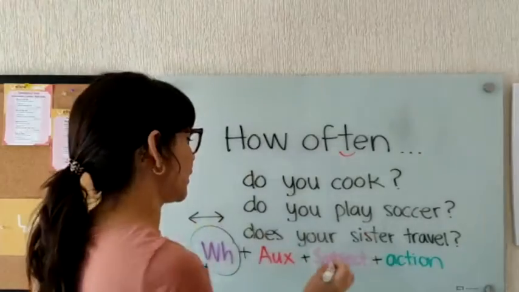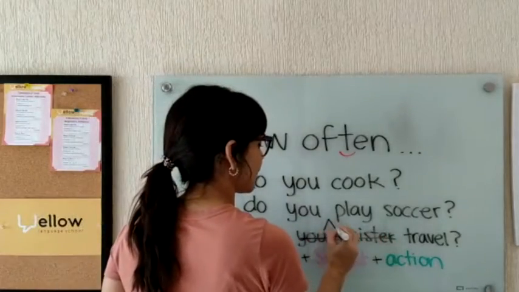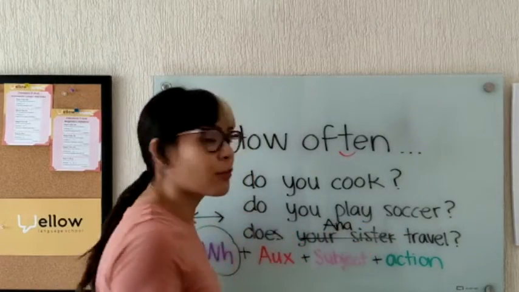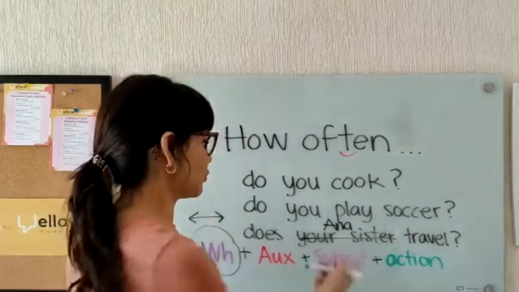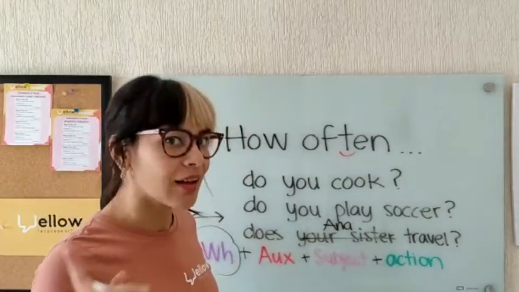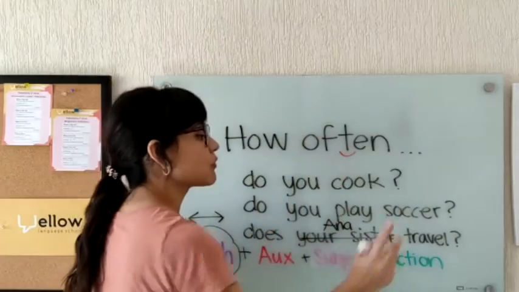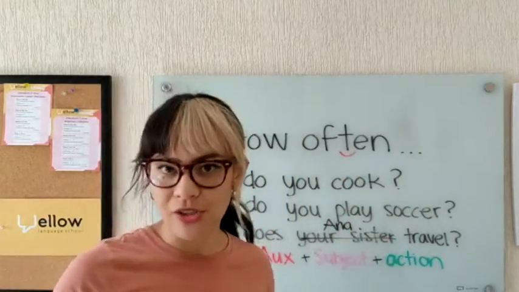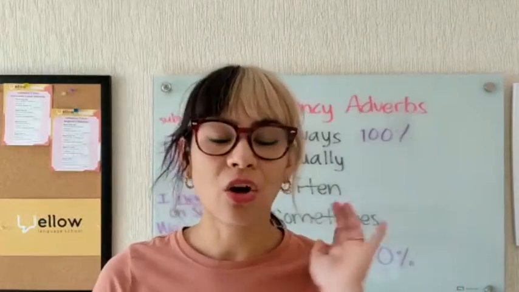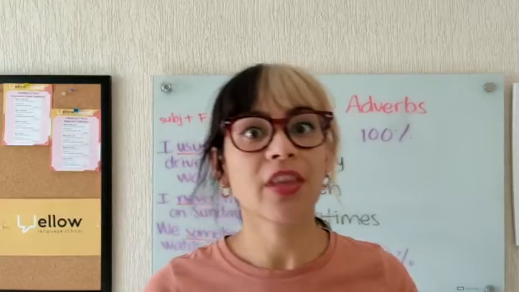Instead of your sister, it could be Anna or your mom or whoever you want to write about or ask about. Okay, so how often does Anna travel? Maybe to Mexico City or Puerto Vallarta, wherever.